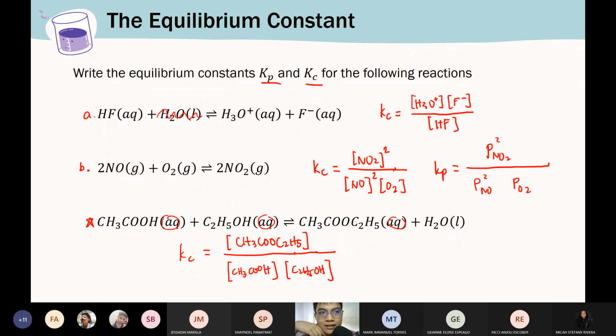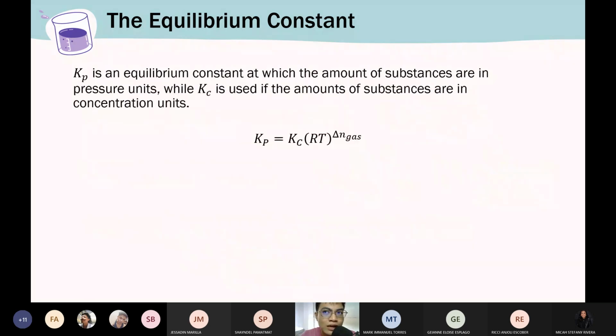So, magkaiba talaga sila ng value. Pero, are they related? Of course, they are related. Okay? So, the values of Kc and Kp are actually related. So, meaning, kapag binigay ko yung Kc, makukuha mo yung Kp. And vice versa.